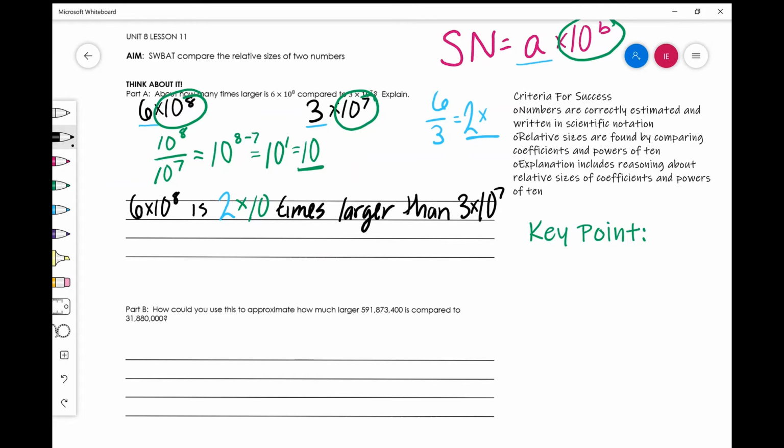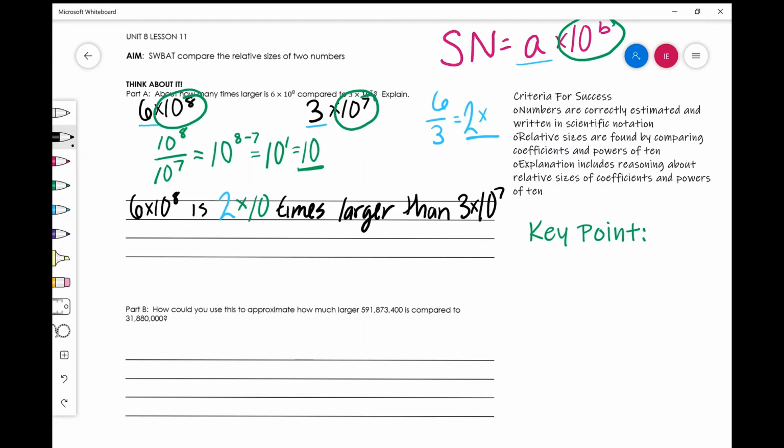Again, because 6 is 2 times larger than 3, and 10 to the 8th is 10 times larger than 10 to the 7th, I know that everything together, 6 times 10 to the 8th, is 2 times 10 times larger than 3 times 10 to the 7th.